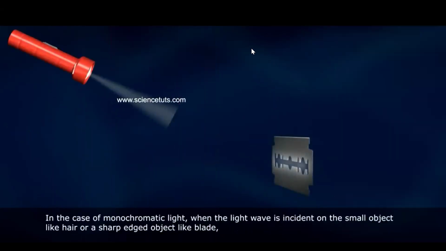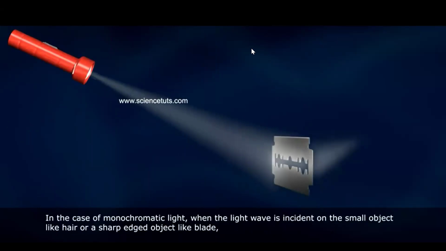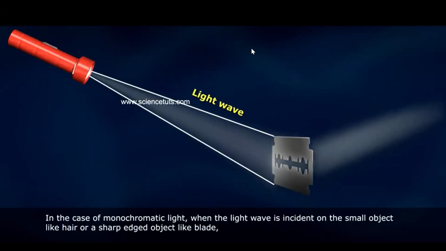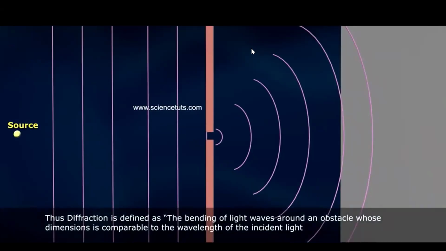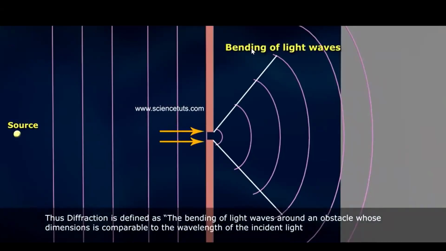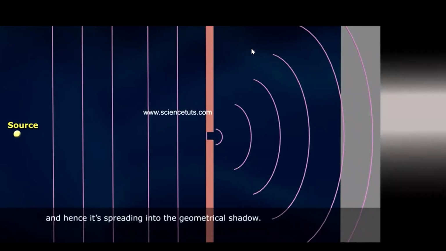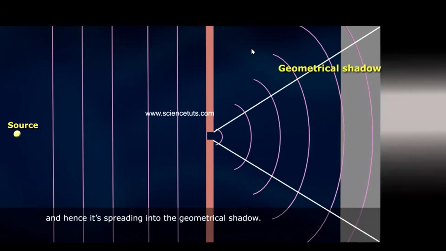In the case of monochromatic light, when the light wave is incident on a small object like a hair, or a sharp-edged object like a blade, shadows are formed with dark and bright fringes. Thus, diffraction is defined as the bending of light waves around an obstacle whose dimensions are comparable to the wavelength of the incident light, and hence its spreading into the geometrical shadow.